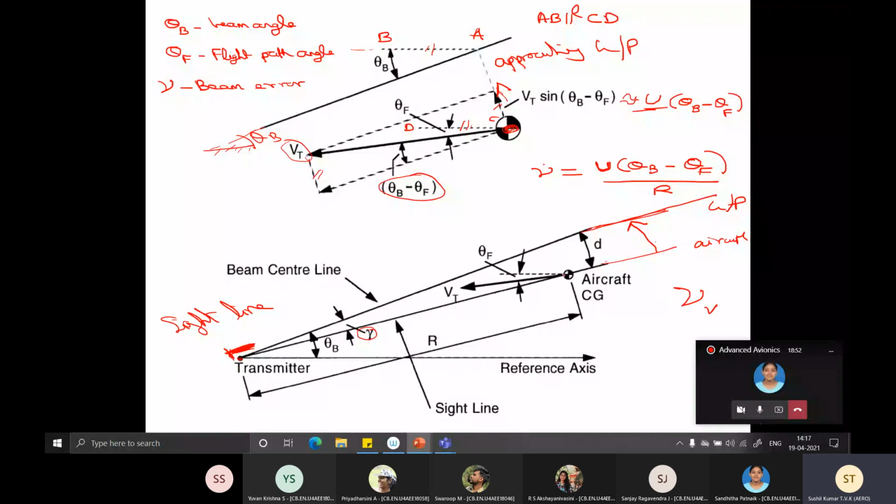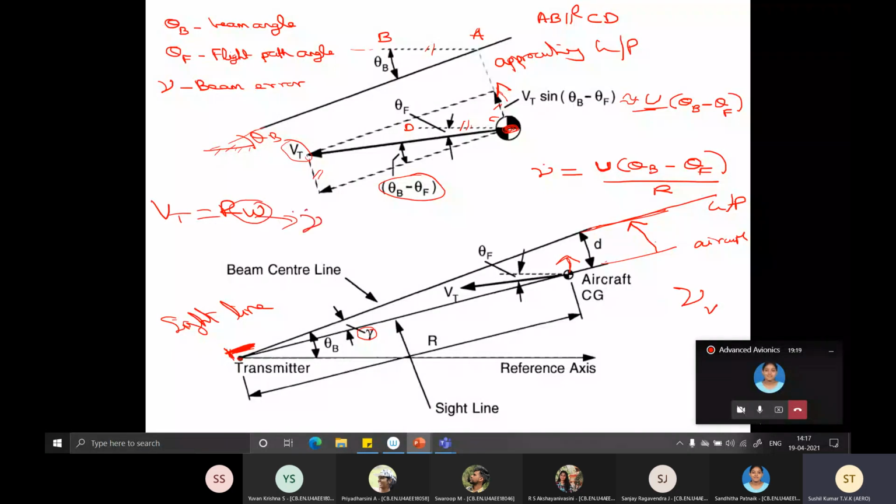But it's a change in gamma, so definitely there is a rate of change. So this gamma dot is nothing but this tangential velocity by r. Okay, so it is your normal tangential velocity equal to r omega. The same relationship I am using here. Instead of gamma omega, I am calling it gamma dot.